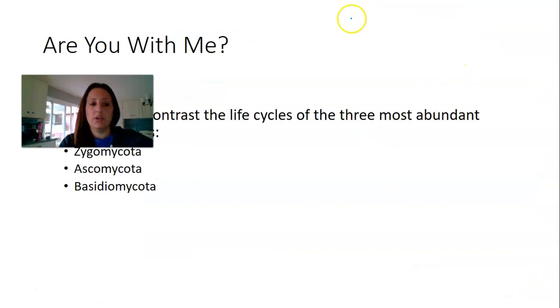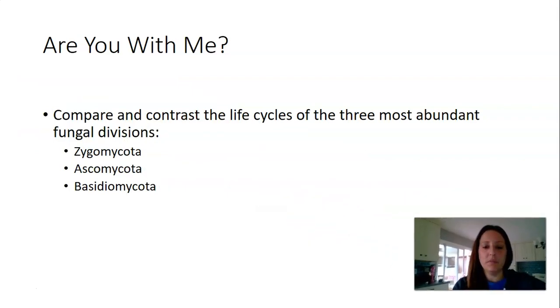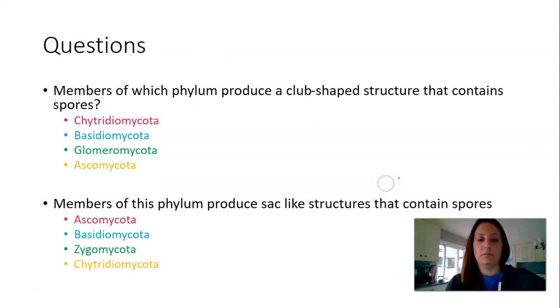Okay, so your job now, let me move this, is to complete this next Are You With Me? You're going to just compare the life cycles of the 3 most abundant fungal divisions. And when you're finished, come back. I've got a couple questions for you. Okay, so the first question, members of which phylum produce a club-shaped structure that contains spores?